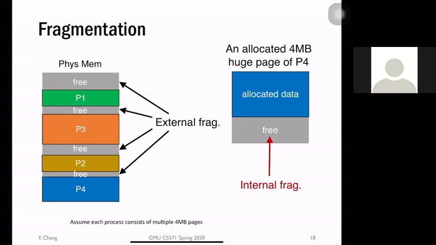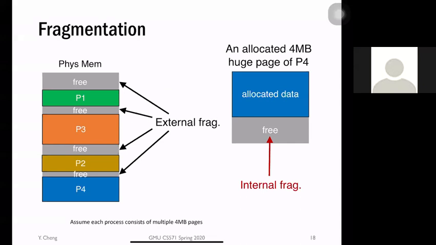Even though collectively the aggregated free memory capacity is large enough to accommodate this newly incoming request, it turns out each and every individual memory hole is just not large enough to accommodate the new memory request. So these are the fundamental issues. When processes come in and go, they leave the whole physical memory space externally fragmented.